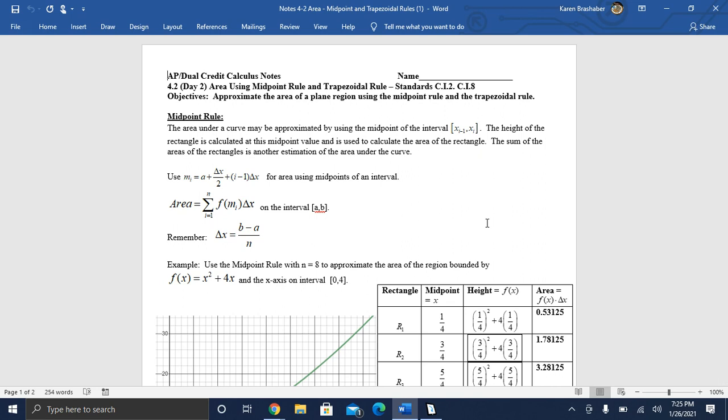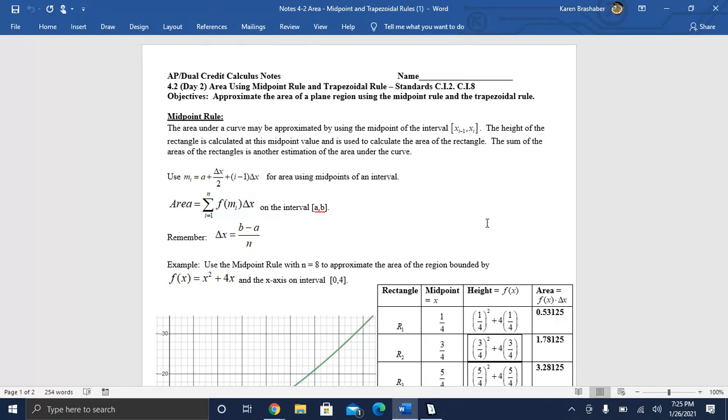Hello, welcome back, students. We are working today on estimating area under a curve using two other geometric methods or numerical methods, and one of those is the midpoint rule.